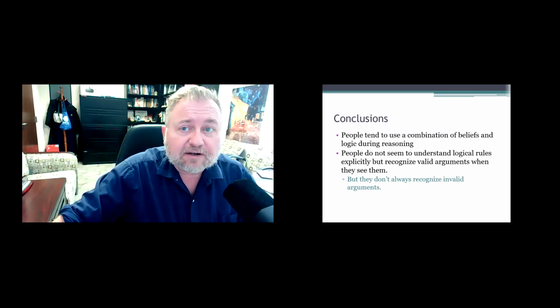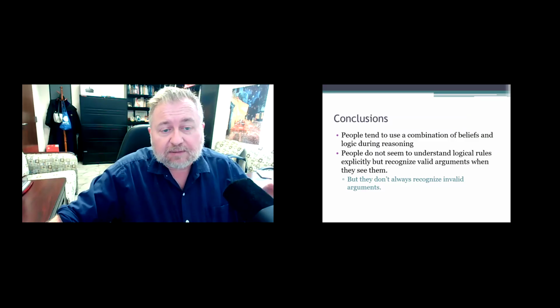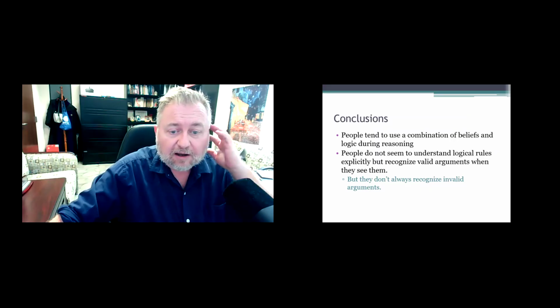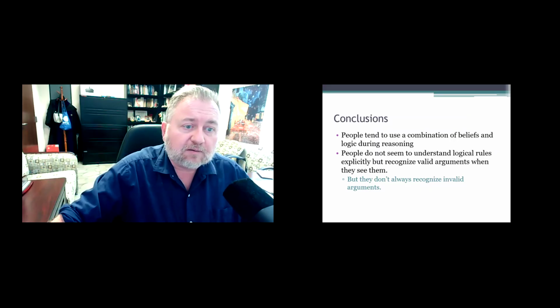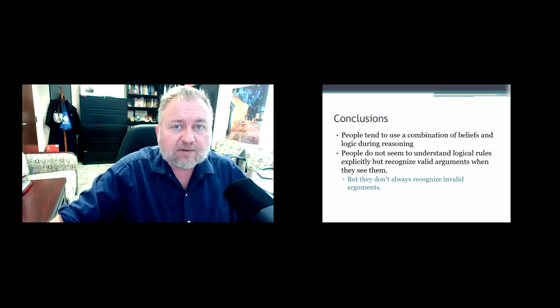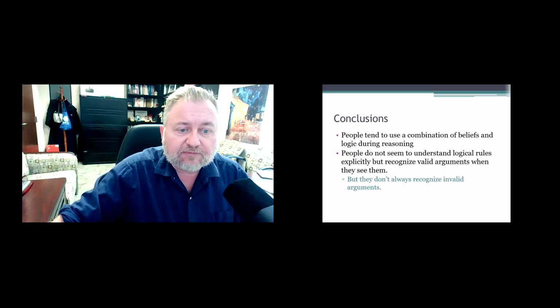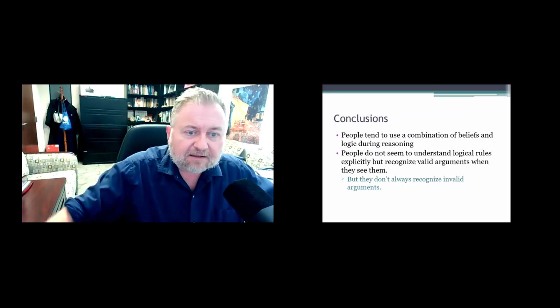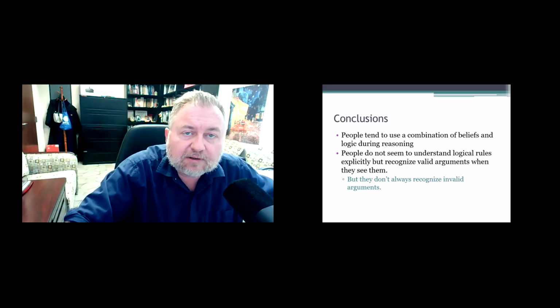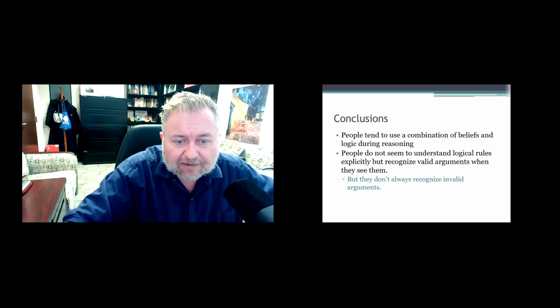Do we want to call this a confirmation bias? We might, because it might suggest that because I already hold this particular belief, what appears to be an argument that supports my belief will be something that I can accept. But that's the claim here: people are using a combination of beliefs and logic during these tasks.